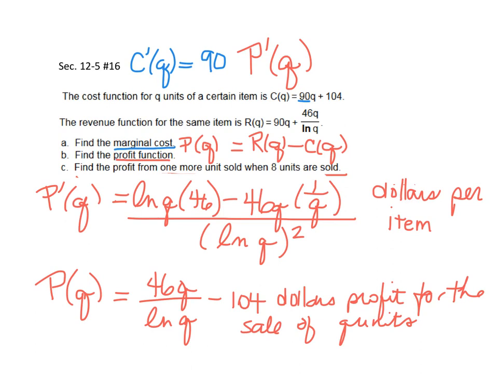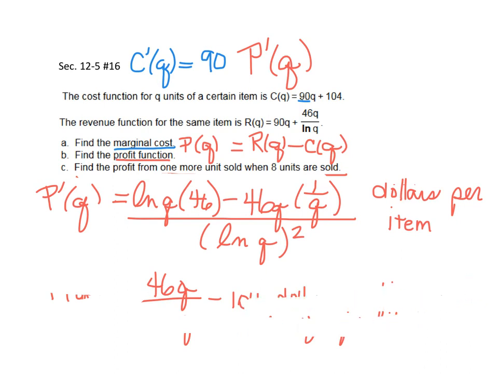So now to proceed with answering the question, find the profit from one more unit when you sold 8 units.